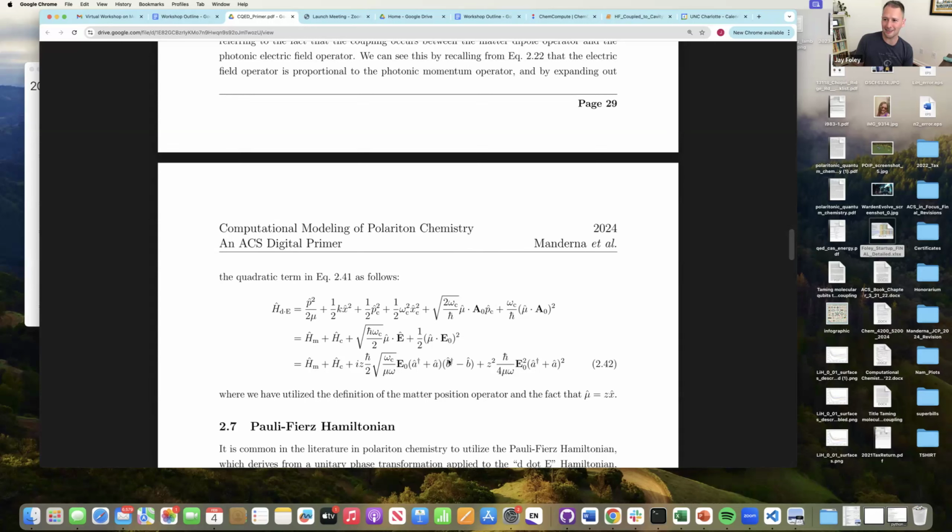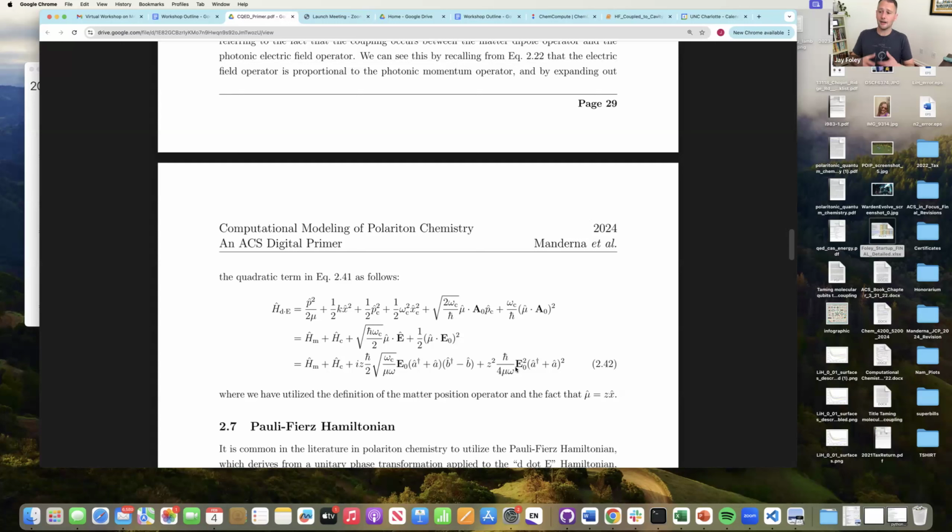And you've got an A dagger plus A, which is related to the position operator of the matter, because really the dipole operator is just position times charge for the matter subsystem. And then I've got this thing called a dipole self-energy, which is really the dipole operator for the matter subsystem squared, and it's got a magnitude of the electric field, but no cavity operators on it.